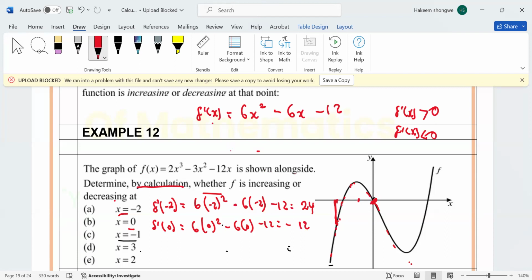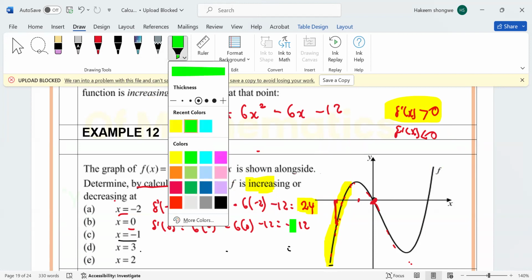Now, let's check something else. It seems as if when the gradient is positive, look at this, our function is increasing. When the gradient is positive at the point, it means the function is increasing.